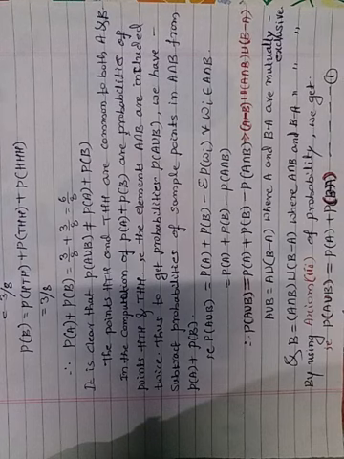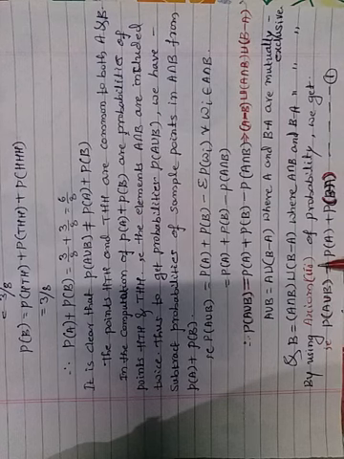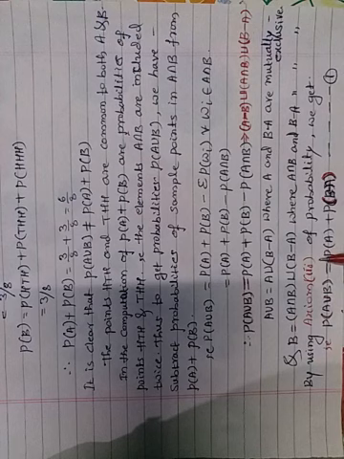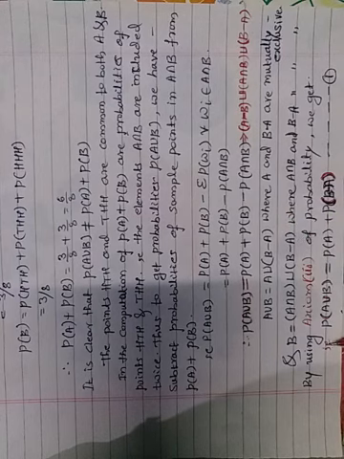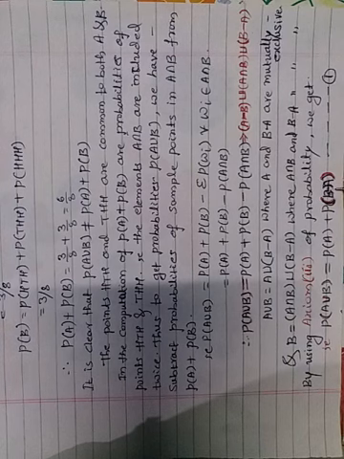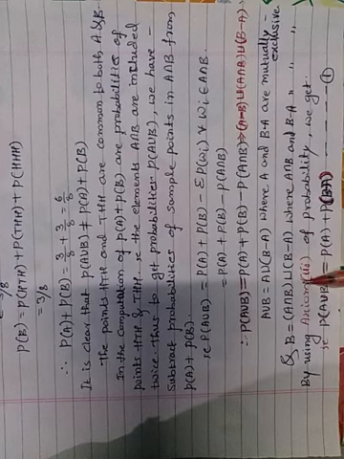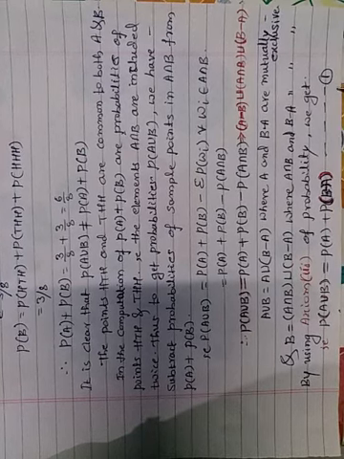Because in the axioms of the third rule, in the third law, by using the third axiom of probability, P of A union B equals P of A plus P of B minus A, which gives equation 1.